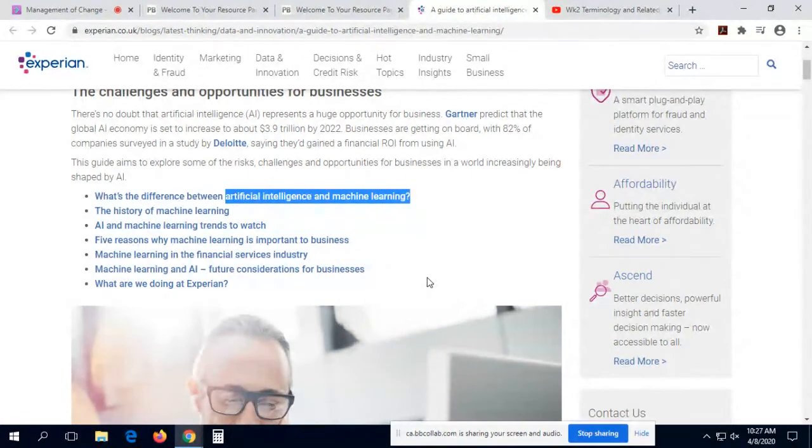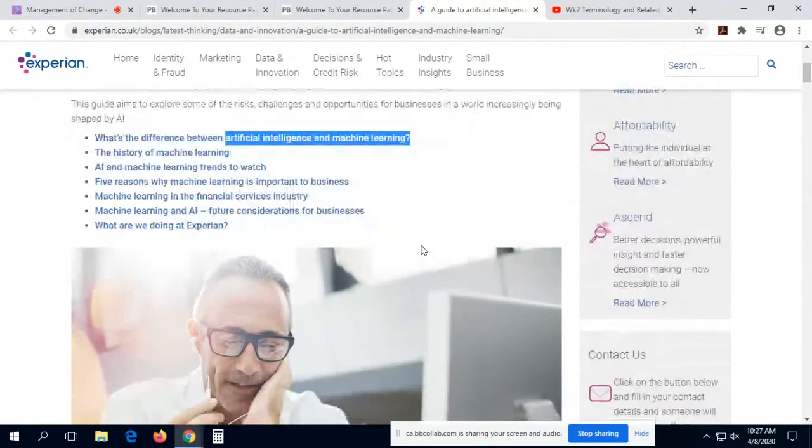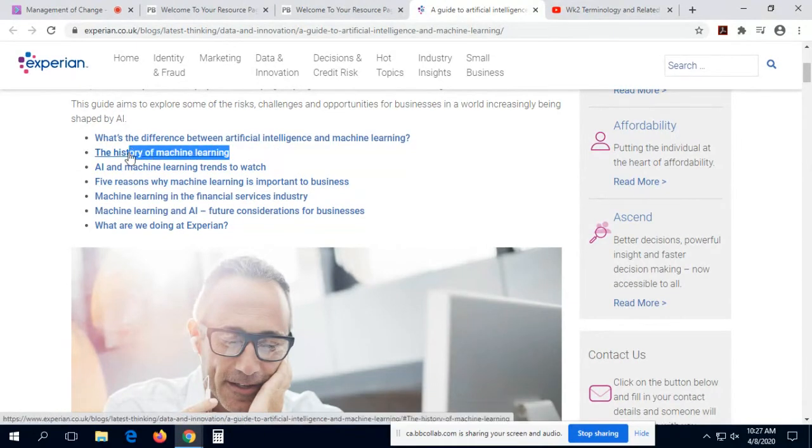But theoretically speaking, someone can say, oh, this is not the correct definition. But the definitions are definitely going to change, and they will keep on changing. New terminologies would be coined. History of machine learning, good to have a little bit of sense.